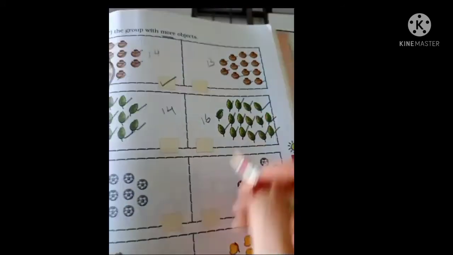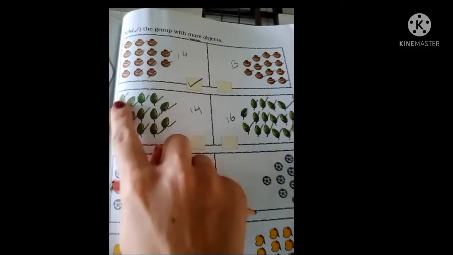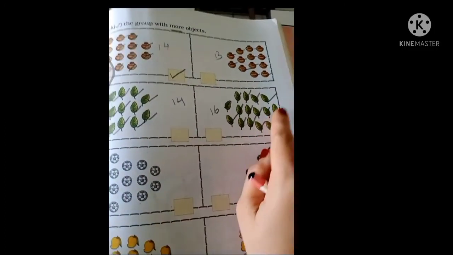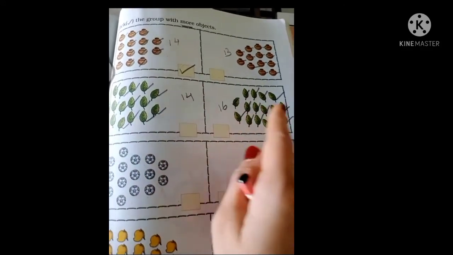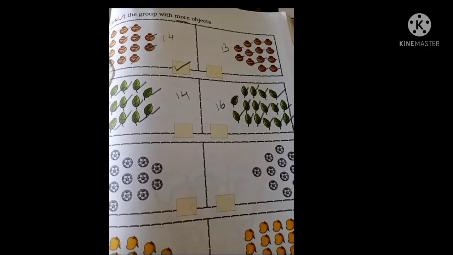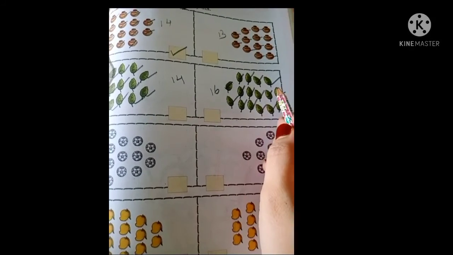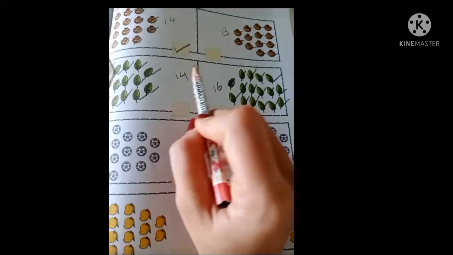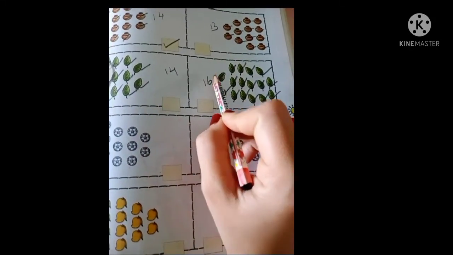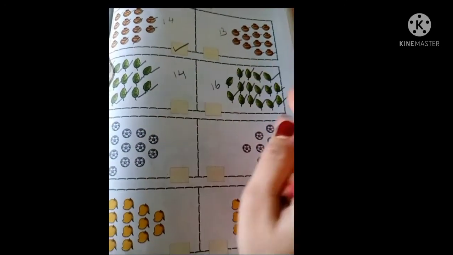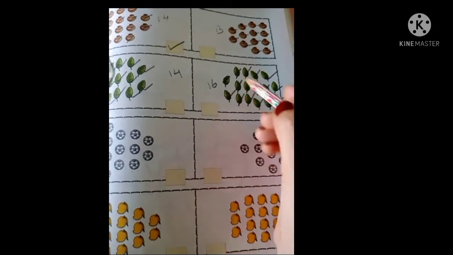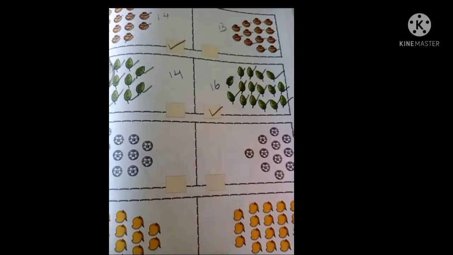How many? 16. So here 14 leaves and here 16 leaves. Among these two groups, who has more objects? This one has more, right? After 14, 15 and then came 16. So this has 2 more leaves. So we have to tick over here.